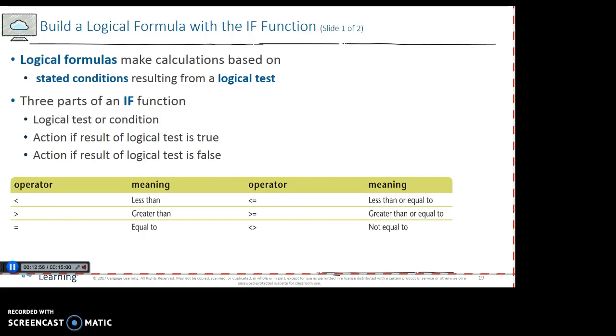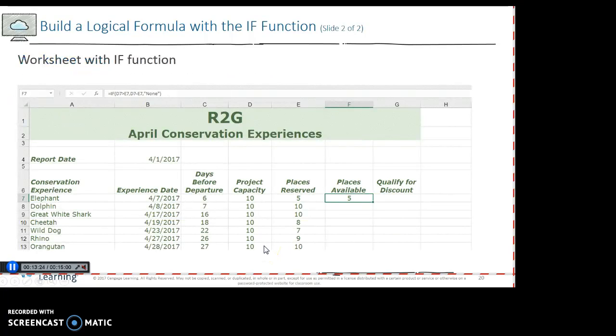An action if the result of the logical test is true, and an action if it's not true. Some of the things that you may use in an IF function are called operators. So if you take a look below, operators like greater than, less than, equal to, less than or equal to, greater than or equal to, or not equal to. Those would be examples of operators.